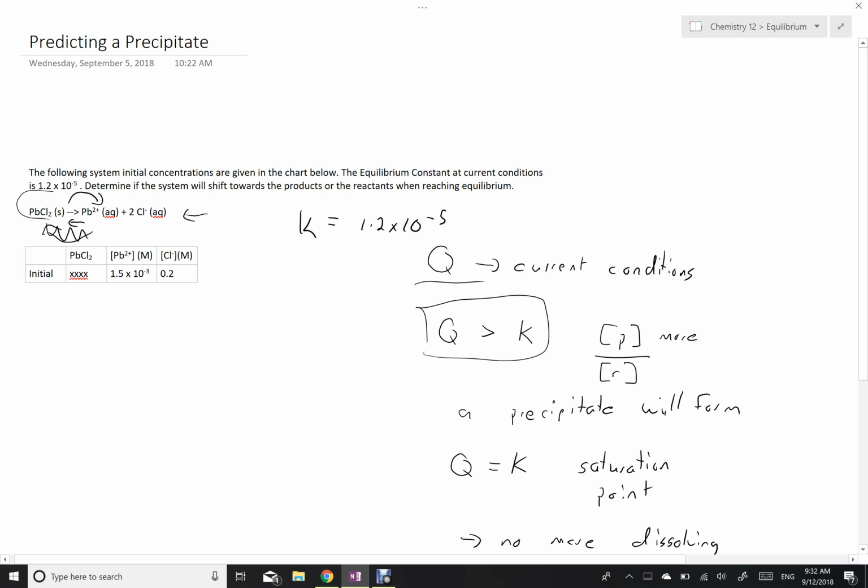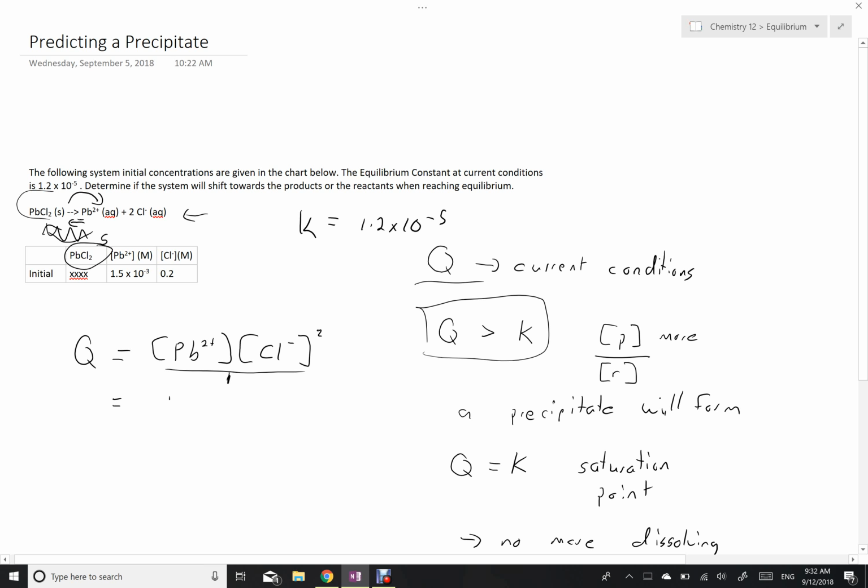So for calculating our Q, we have the concentration of lead 2+, to the power 1, because it has a coefficient of 1, and the concentration of chlorine minus, to the power 2, because it has a coefficient of 2. And we can substitute our current concentrations, and we don't put anything in for the reactants, we just put in 1, because lead chloride is a solid.